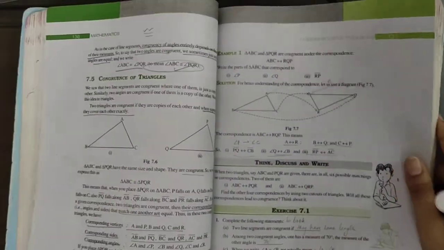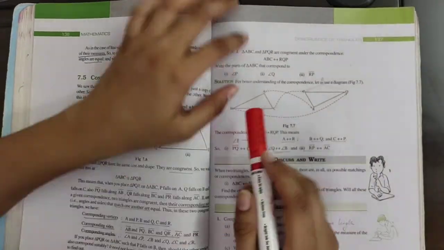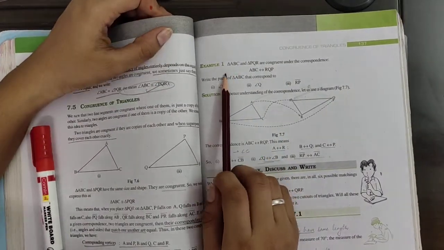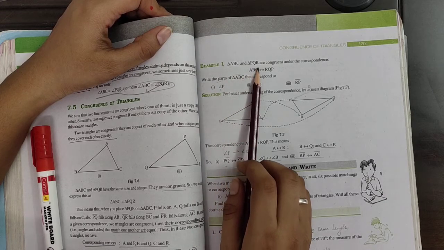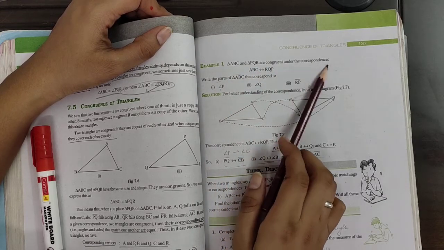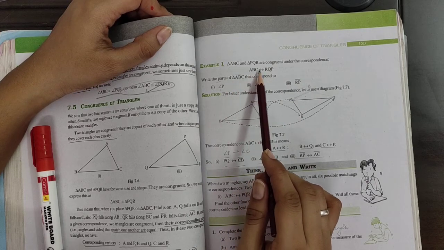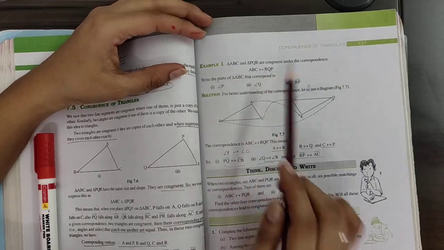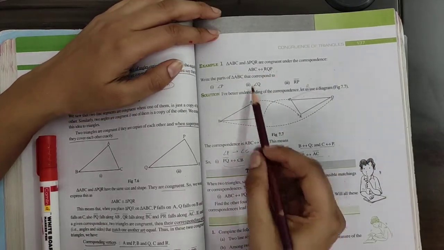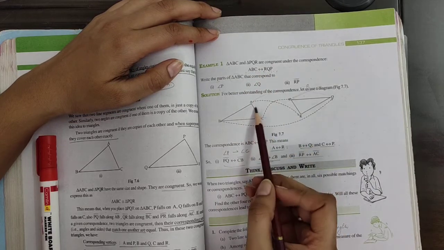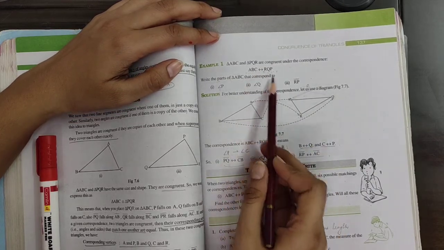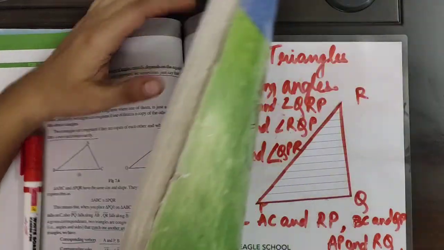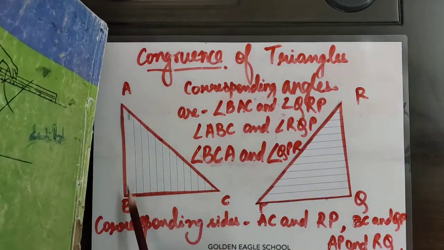See, for first, let us take this example. Example number 1: triangle ABC and triangle PQR are congruent under the correspondence ABC corresponding to RQP, means A is R, B is similar to Q and C is similar to P. Similar thing we have done in these triangles.